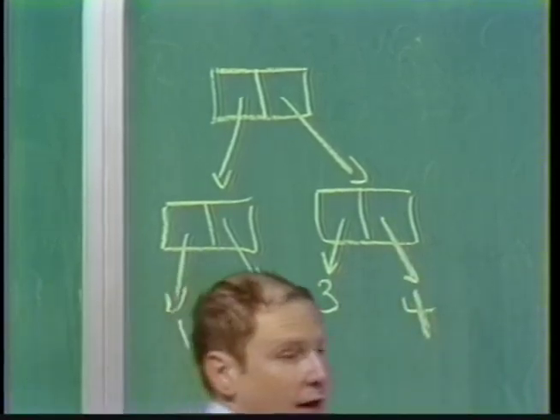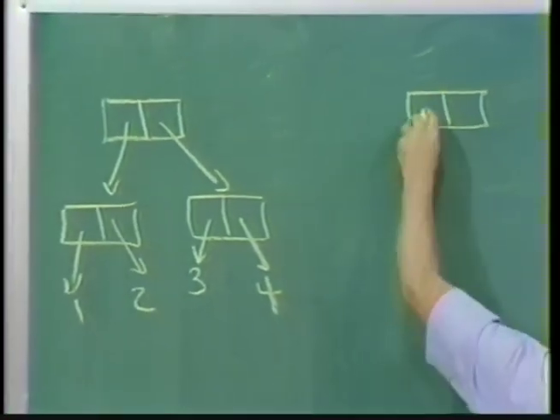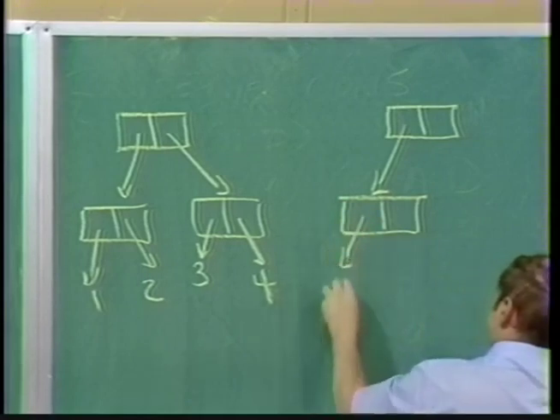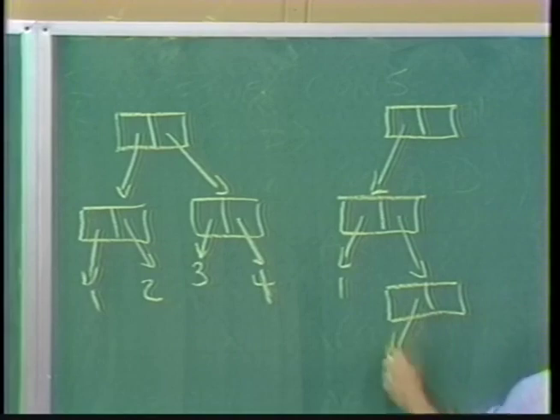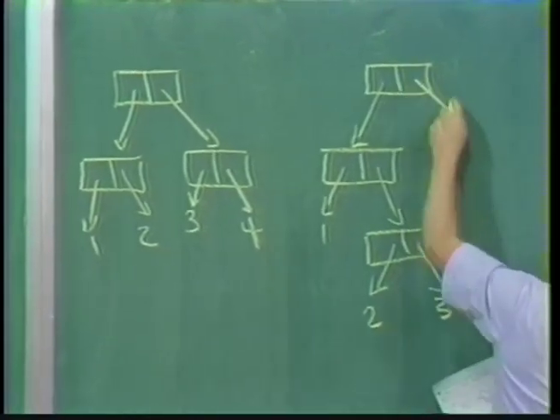Or if I liked, I could do something like this. I could make a pair whose first thing is a pair, whose car is 1, and whose cdr is itself a pair that has the 2 and the 3, and then I could put the 4 up here.